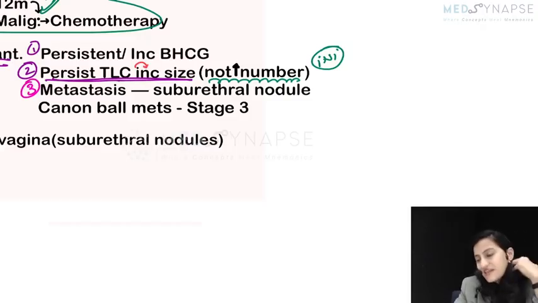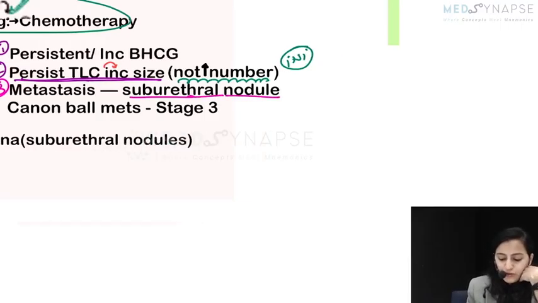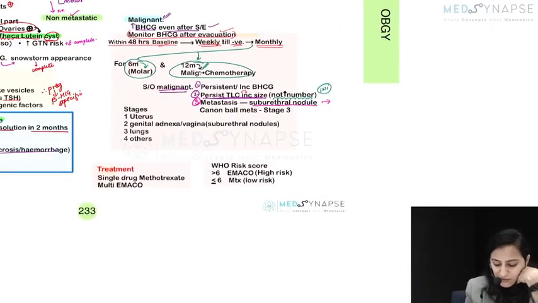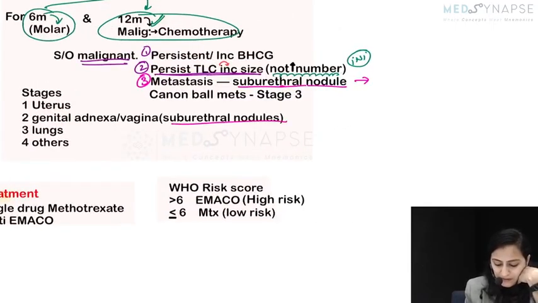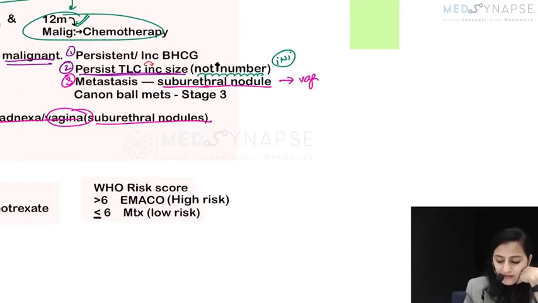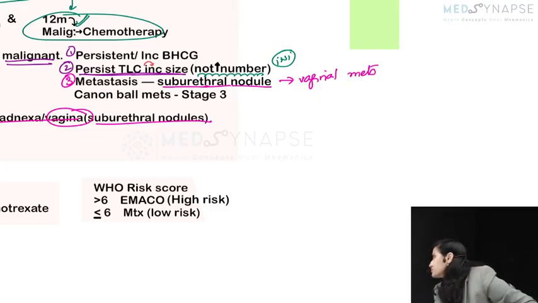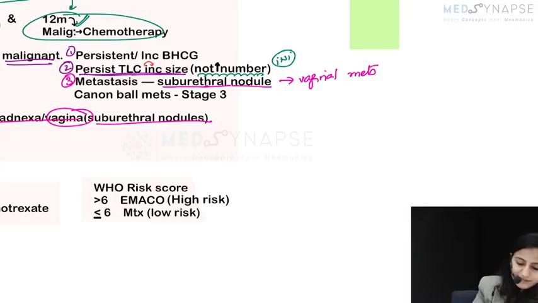Third, if there is metastasis, what are the findings of metastasis? Clinical finding that I can see? Suburethral nodule. If there is a suburethral nodule, basically it is suggestive of vaginal metastasis. Suburethral nodule is the finding of vaginal mets.